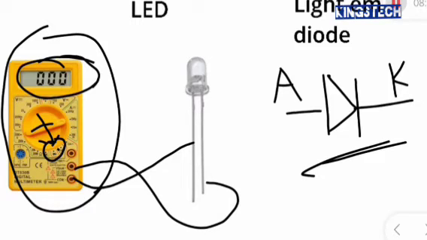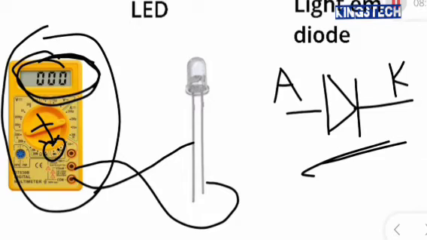But if it still gives you a reading on the multimeter with this kind of polarization, you know that the diode is bad. It's totally bad, because a diode is a one-way conducting device. It's a one-directional conductor, so it conducts only in one direction.